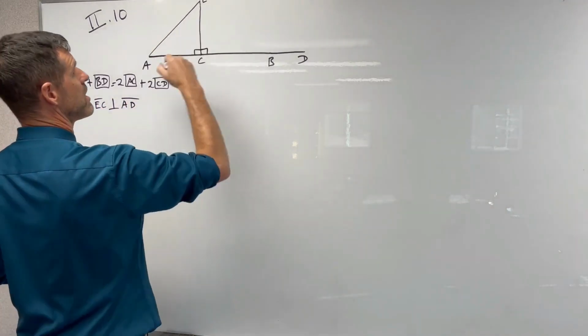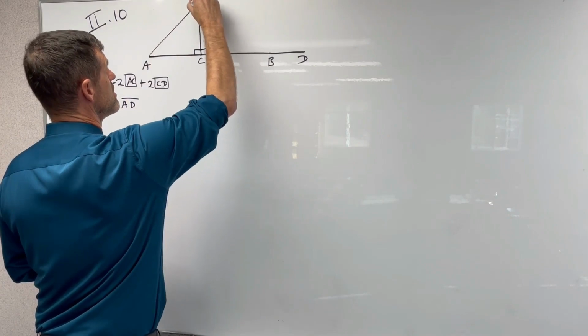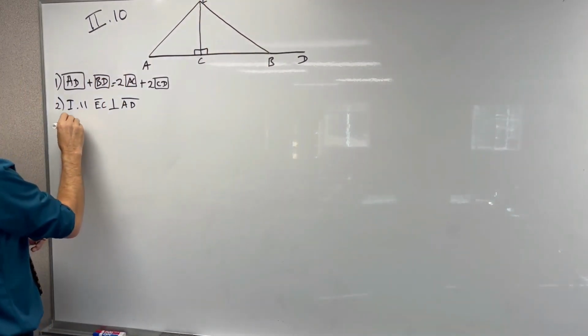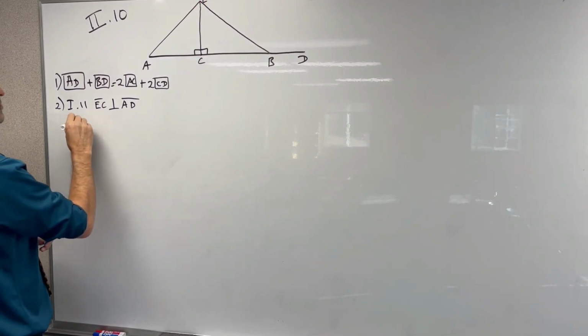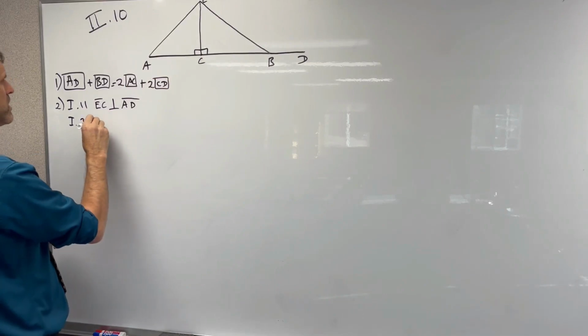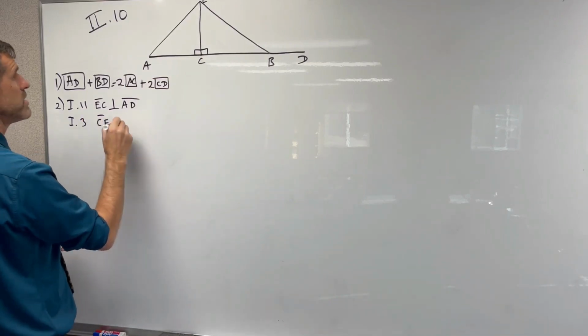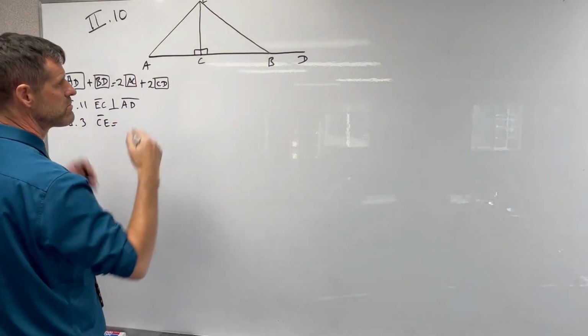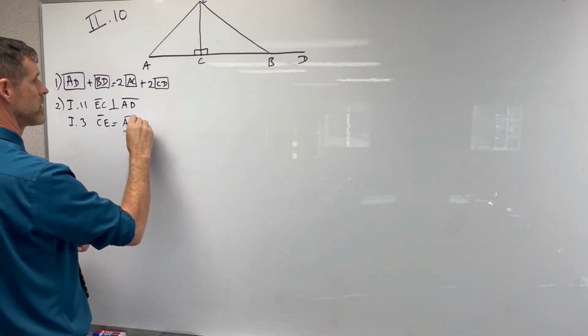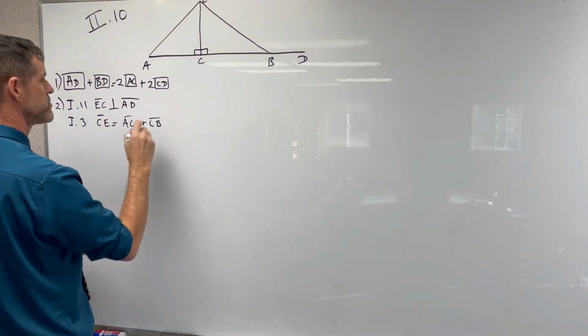We're going to connect EA and EB. And also with line CE, from Book 1, Proposition 3, we're going to make CE equal to either AC or CB. They're equal to each other, so AC or CB.